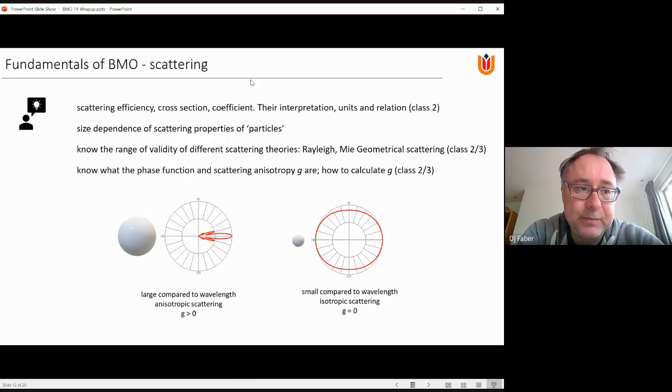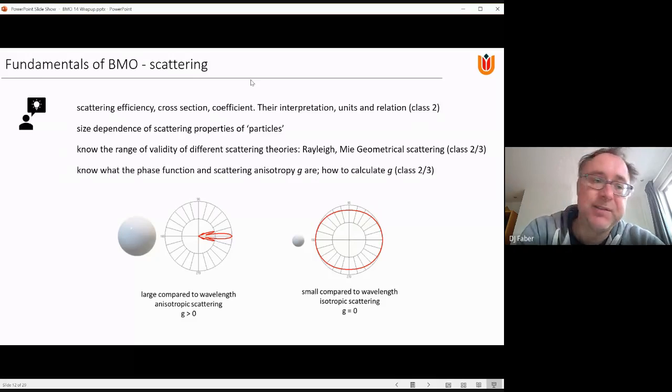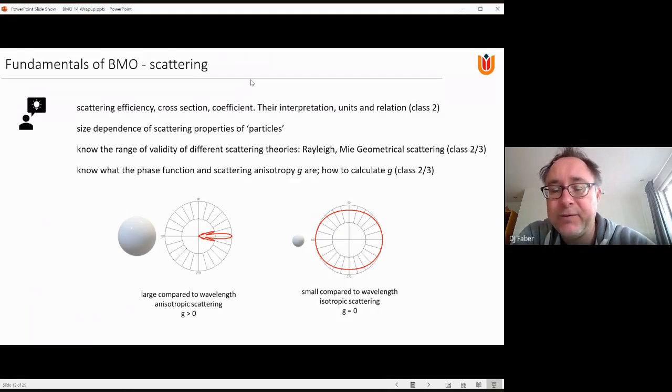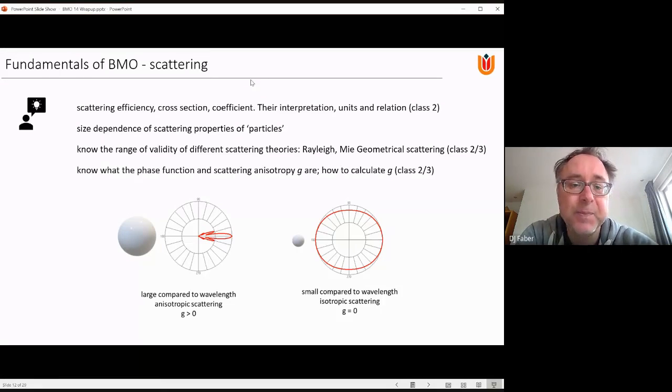To parameterize this phase function, because using this function itself is not always that useful, we have the scattering anisotropy, which is defined as the average of the cosine of the scattering angle.